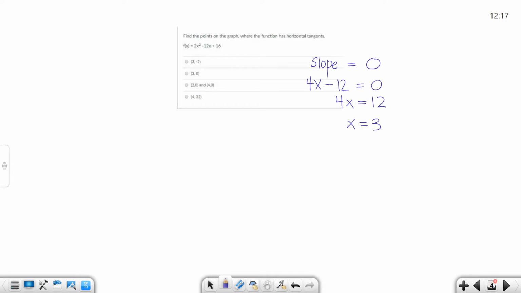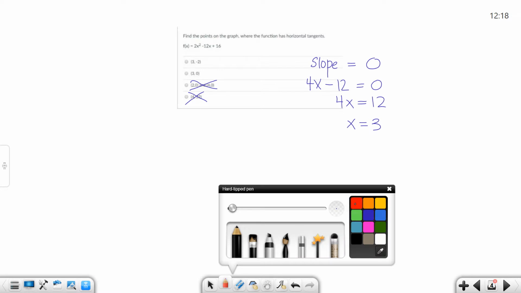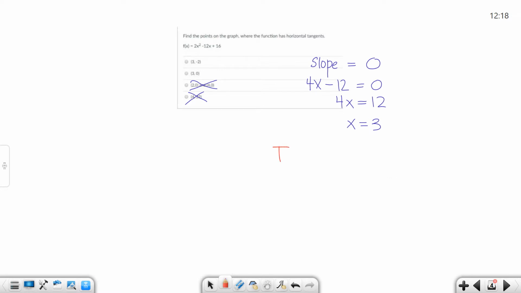So we say, great, x is 3, so it's not this one, and it's not this one. But then you get stuck. You'll say, I know the x is 3, but how do I know which of those 2 points it will be? Well, you have to remember, anytime I ask you to find y, you always use the original.